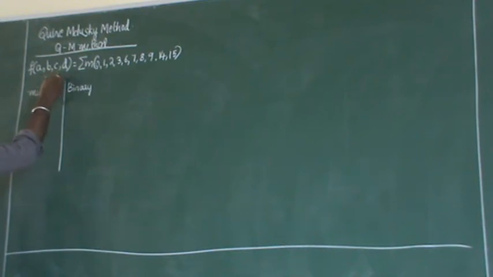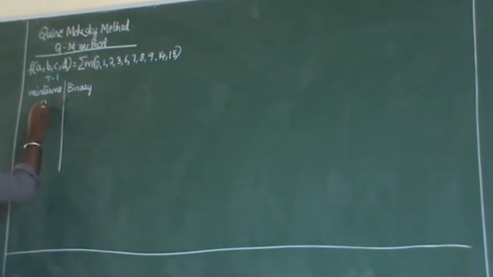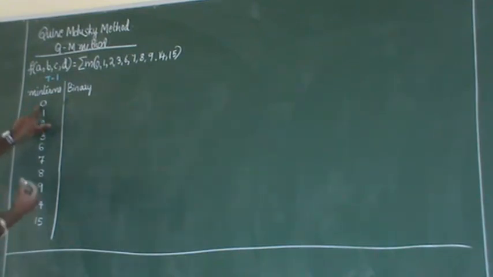What are the minterms they have given in the question? Please take down the same thing: 0, 1, 2, 3, 6, 7, 8, 9, 14 and 15. These are the minterms given in the question. So we shall write down the binary representation for the same minterms.